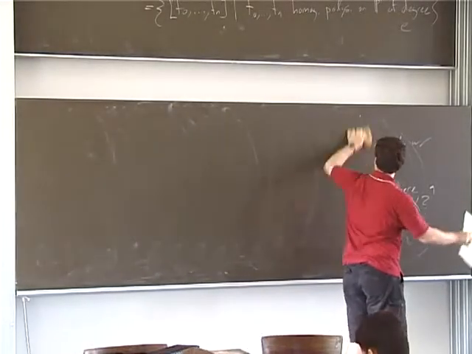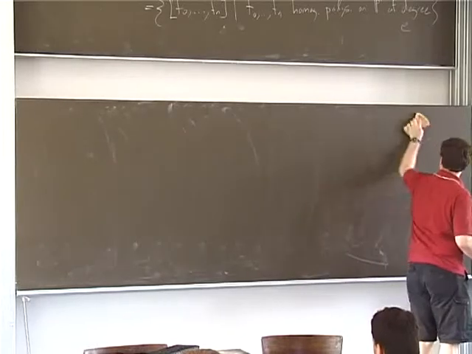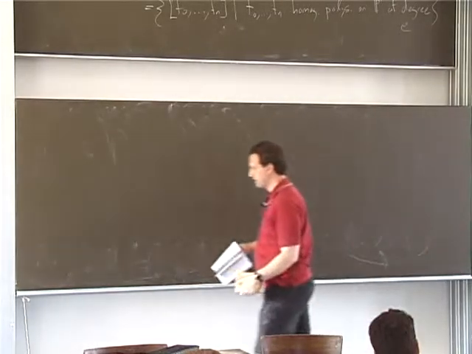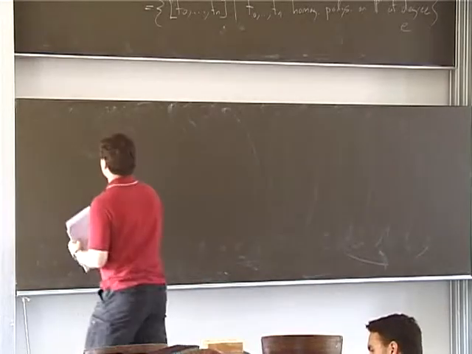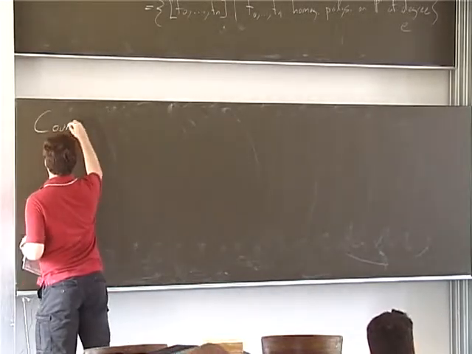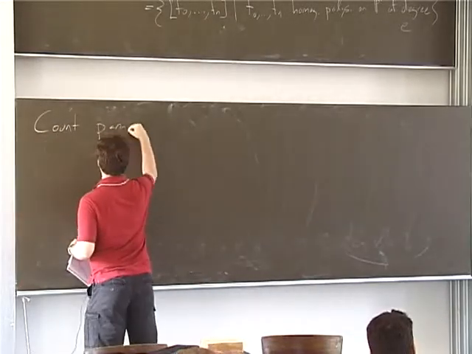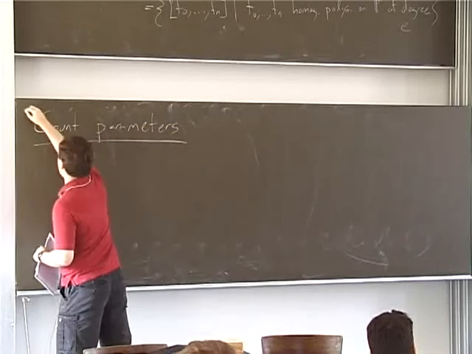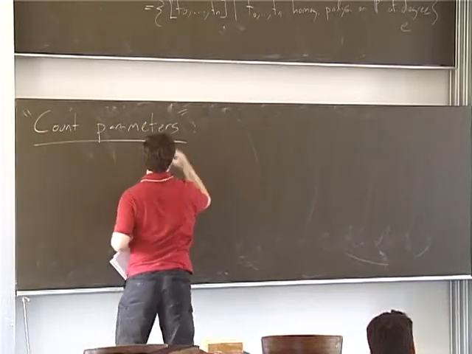And we're hoping that it's non-negative. We're hoping there is a solution. That's what Tsen's theorem tells us. So the idea now is to count solutions. Count parameters is what this is usually called in algebraic geometry. It's a classical parameter count argument.